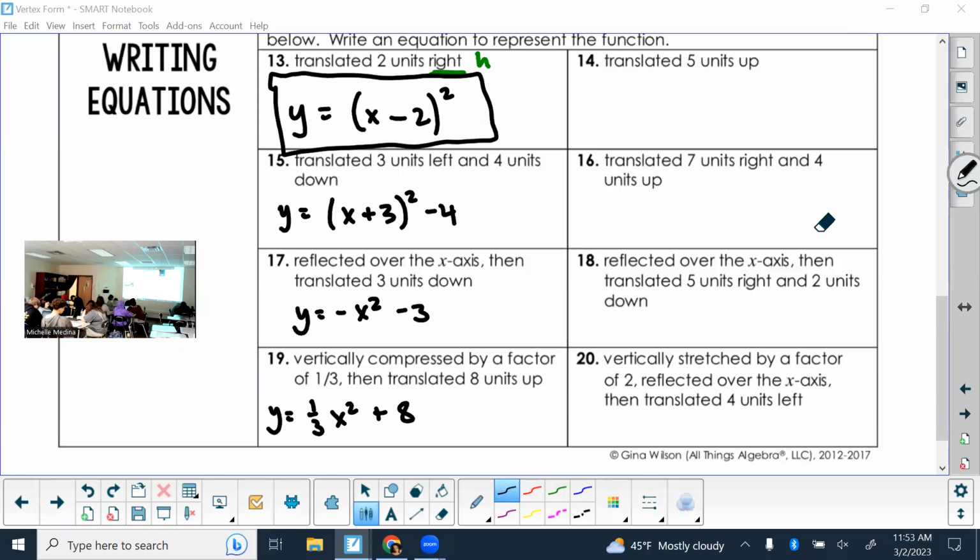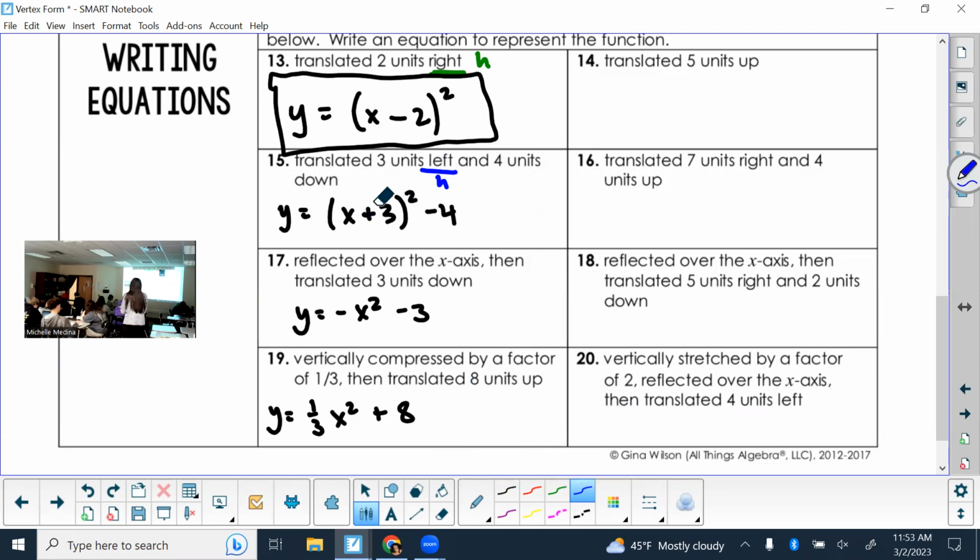All right, so here are the solutions. So compare, see how close you were. I'll explain each of them too. But yeah, so if it's being translated left, that affects the H. The left or right is the H. And it would have to look plus in the equation.